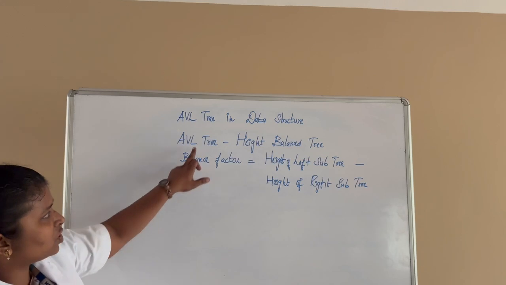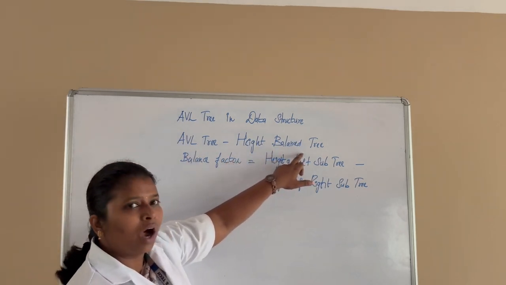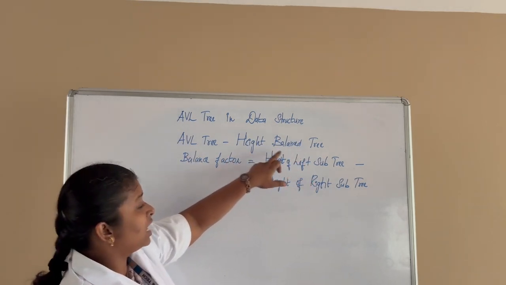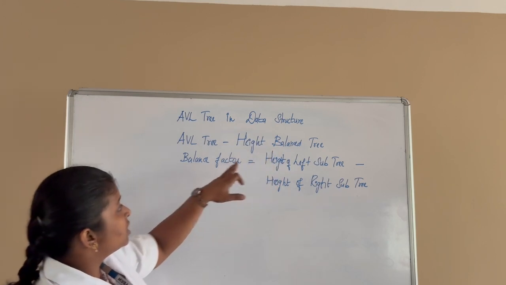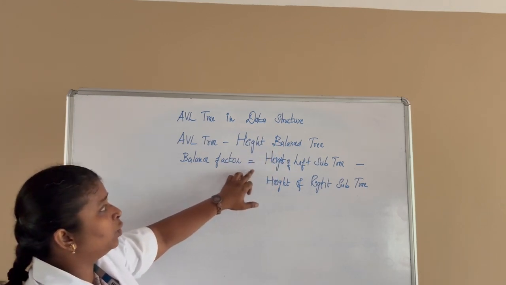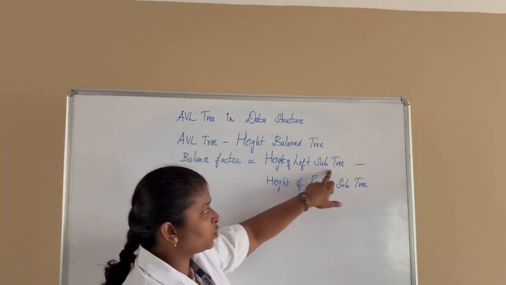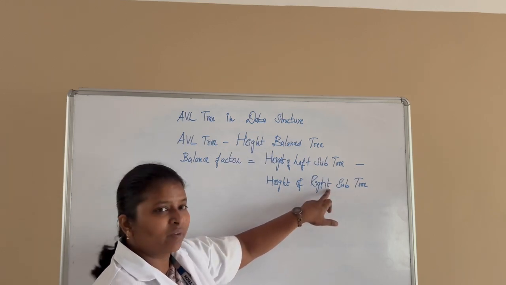So the AVL tree is called a height balanced tree. How to calculate the height of the tree? How to calculate the balance factor? The balance factor is equal to height of the left subtree minus height of the right subtree.